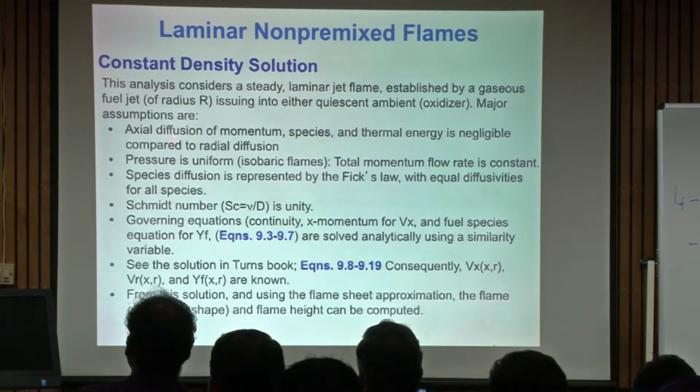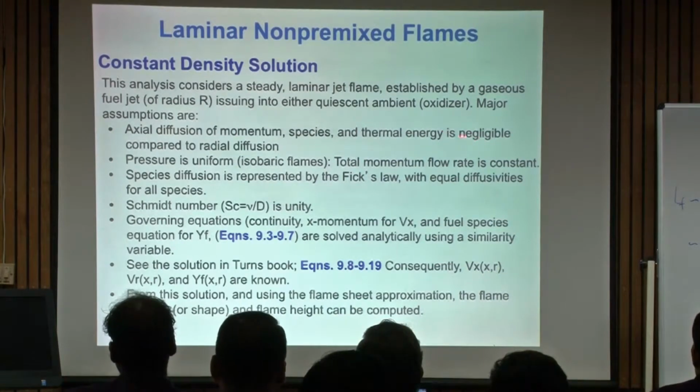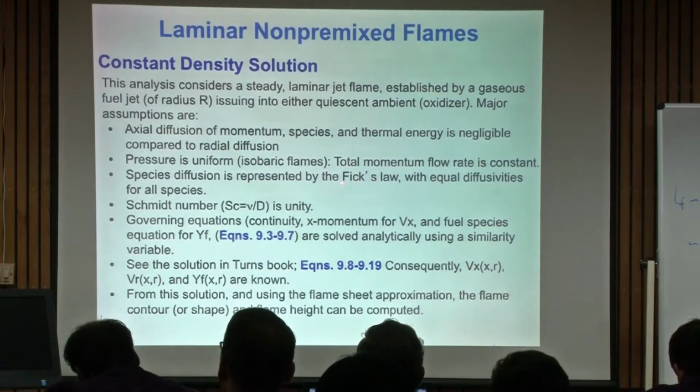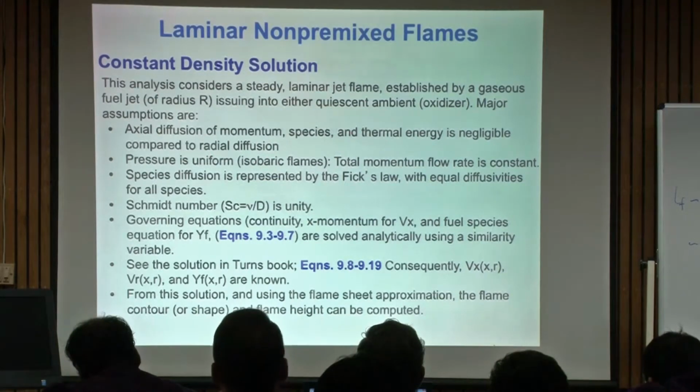Now, these are the major assumptions. Start with: axial diffusion of momentum, species and energy is negligible compared to radial. So the radial diffusion dominates compared to the axial diffusion.